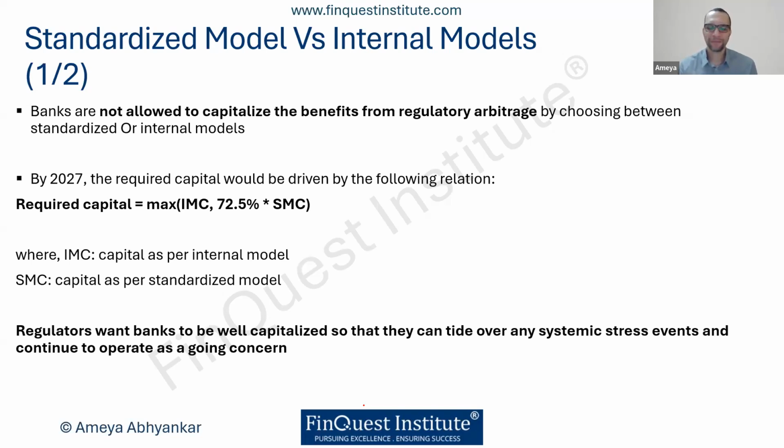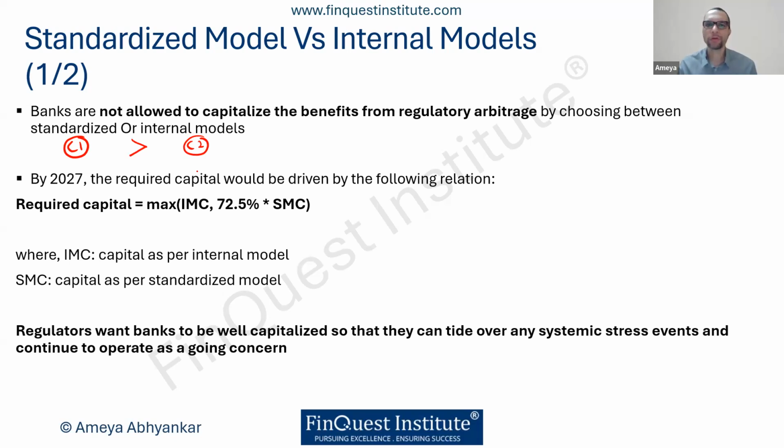Let's say I look at a certain position and it is generating a certain amount of capital through the standardized approach. Let's call that capital amount C1. And then I use an internal model for the same position and calculate it, and that gives an amount C2. And let's say C1 is greater than C2. Then I could have an incentive to use internal models for that particular position, because that frees up my capital requirement. But this is something which is not supported by regulators.